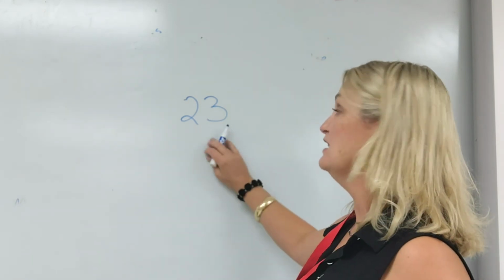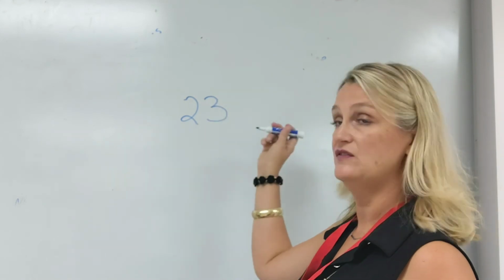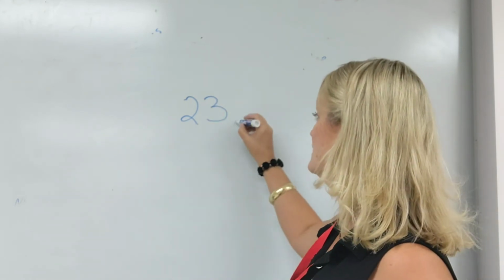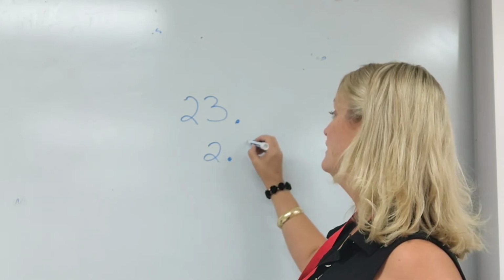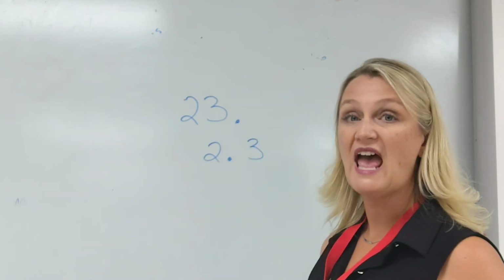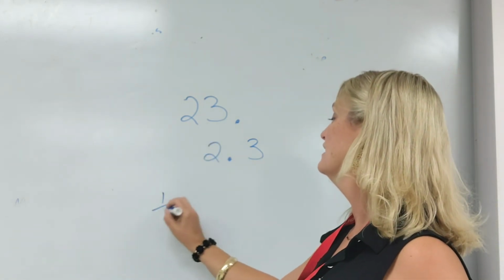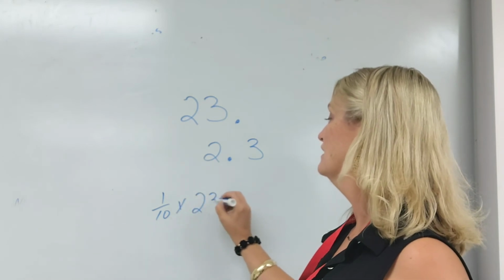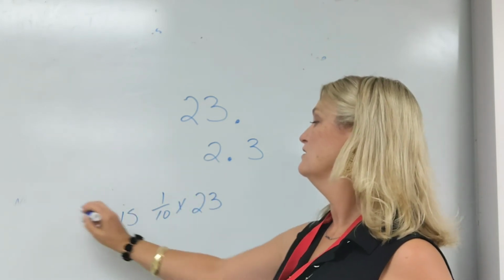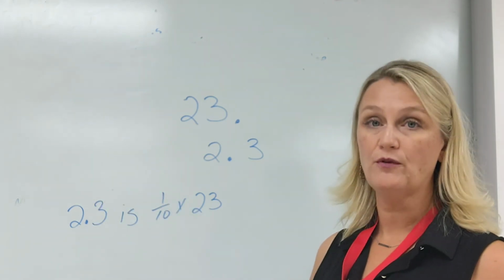So if we're making 23 smaller, everything has to be shifted to the right. So the decimal is here, so the 2 goes to the ones place, and the 3 goes to the tenths place. So again, 1/10 of 23 is 2 and 3/10, 2.3.